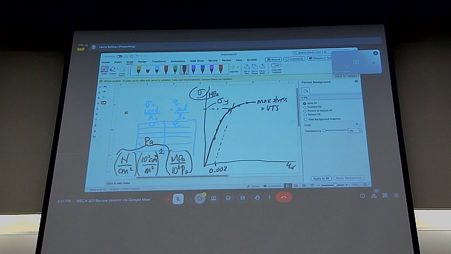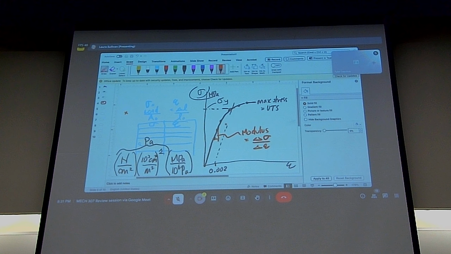So again, if you've converted your load and your extension to stress and strain on the curve, you can just use the curve straight to get your answer for ultimate tensile strength and yield strength. You can also use it directly to calculate modulus. It's just the change in stress over the change in strain.